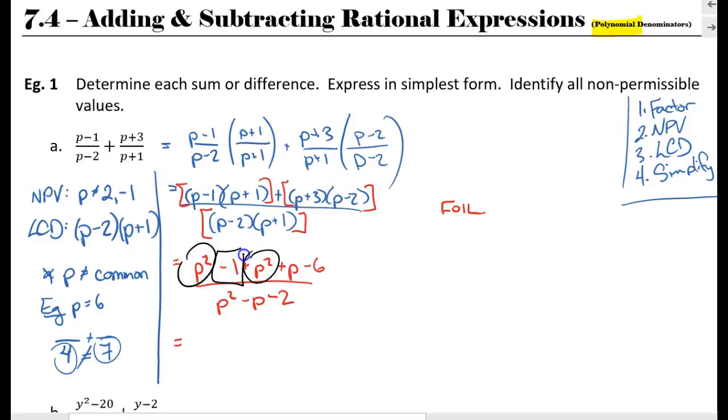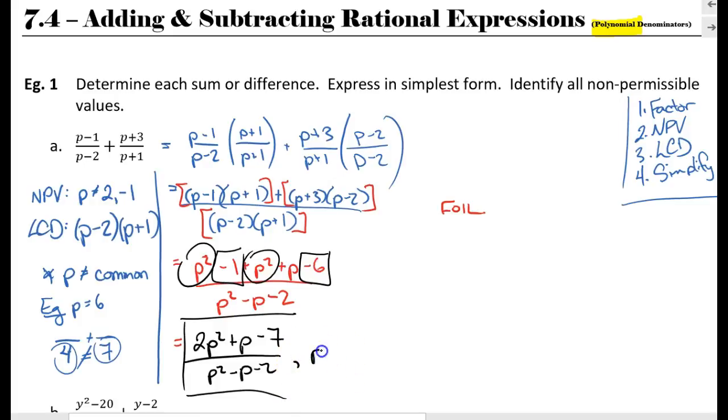Collecting like terms in the numerator, we've got 2p squared plus p minus 7, all divided by p squared minus p minus 2. And that would be my final answer, along with the fact that p can't be 2 or -1.